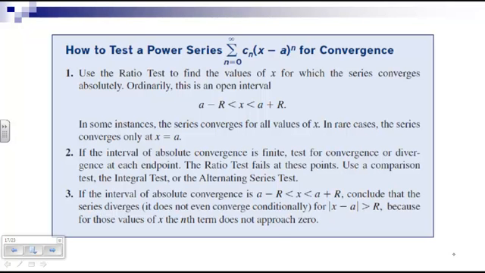The ratio test doesn't tell us what goes on at the endpoints of the interval of convergence. This basically says when you're done finding the interval, check the endpoints.